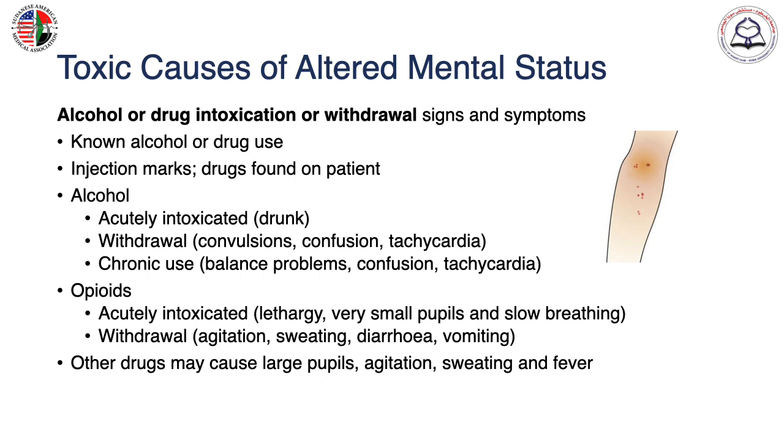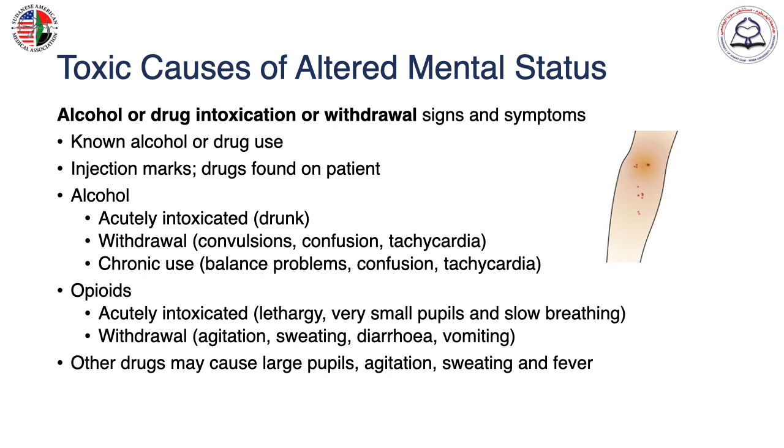Toxic causes of altered mental status: alcohol or drug intoxication, or alcohol or drug withdrawal. The patient could be an alcohol or drug user. You can see injection marks of drug injection. Acute alcohol intoxication or withdrawal can precipitate altered mental status.